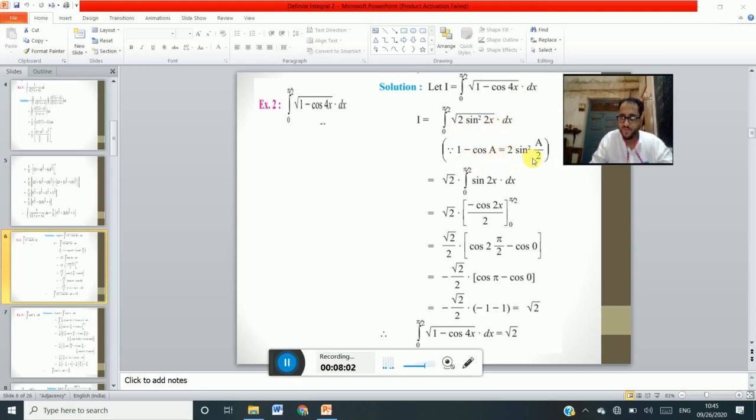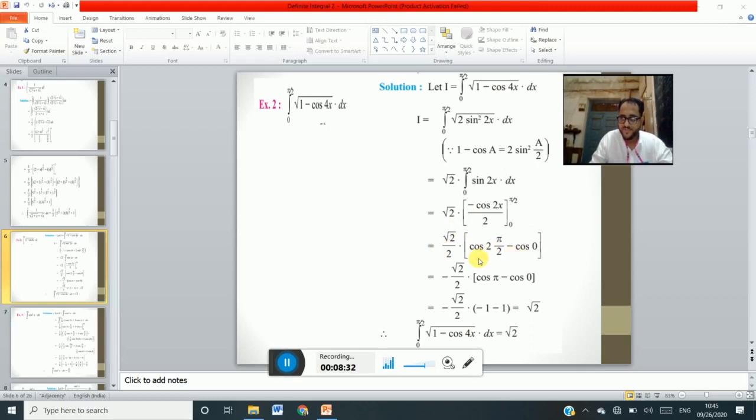Then root 2 is constant, take it outside the integral, and root of sin square means sine, right? Now the integration of sin 2x is minus cos 2x by 2, and the limit is from 0 to pi by 2, right? This 2 is constant again, so root 2 by 2, and here put the limit, so cos 2 times the upper limit pi by 2, minus cos 2 into 0, with the negative sign we want here, right?